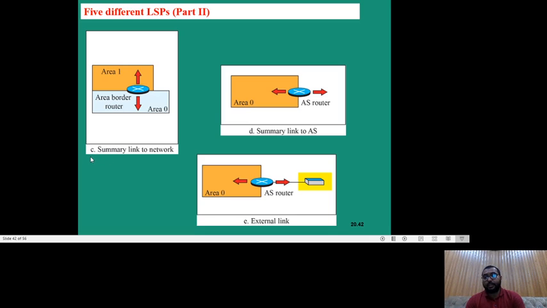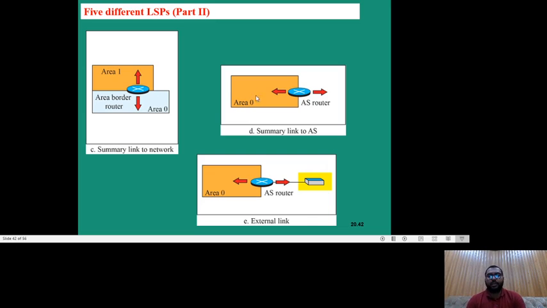Another type is LSP type summary link to network. Like when you have two areas, the area border router will be responsible to establish communication between two areas such as area 1 and area 0.